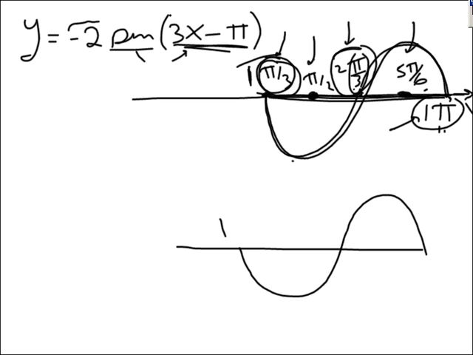In particular, this is pi over 3, 1 pi over 3, and here it said 2 pi over 3. That means this distance from 1 to 2 is 1. 1 what? 1 pi over 3. This distance is pi over 3. Well, that's exactly how far to the left of pi over 3 I expect to find 0.